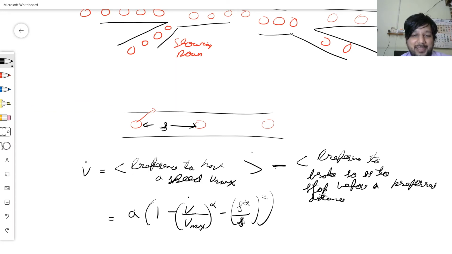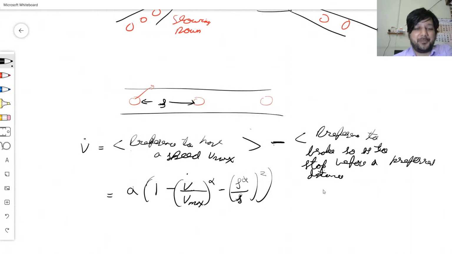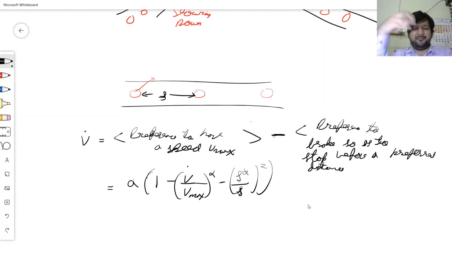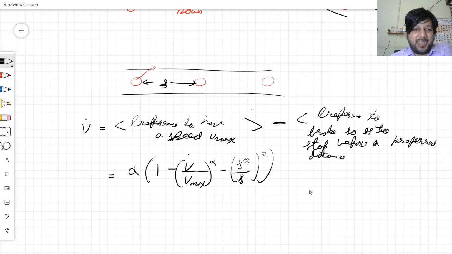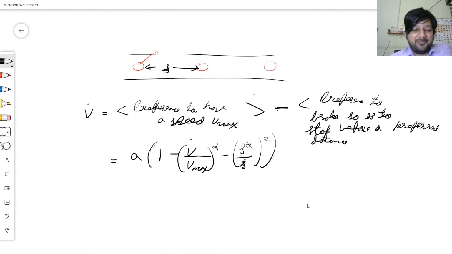So as S tends to 0, that means I'm about to collide, my retardation will tend to infinity, I'll brake by the maximum amount that I can. As S tends to infinity, I won't retard. Why will I retard? I'll just have acceleration, I'll go by the preferred speed. Why will I show a retardation? Absolutely doesn't make any sense. I've got infinite distance, I don't care about the vehicle in front. It's after an infinite distance.